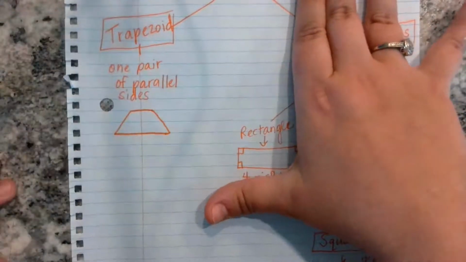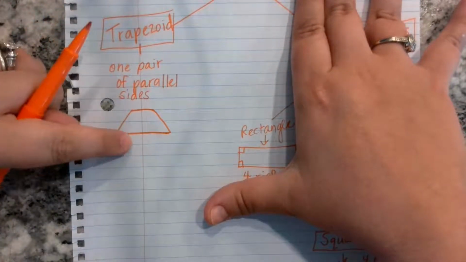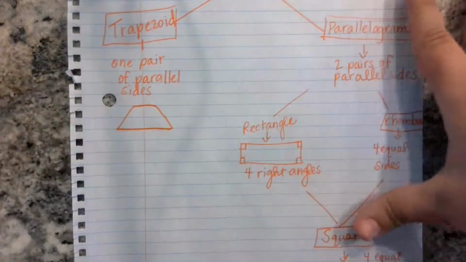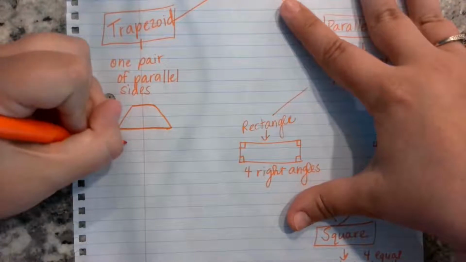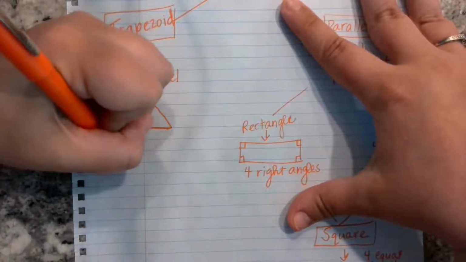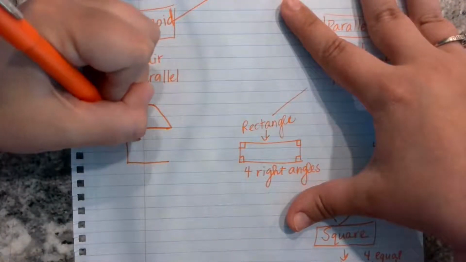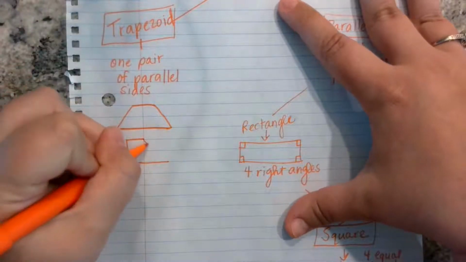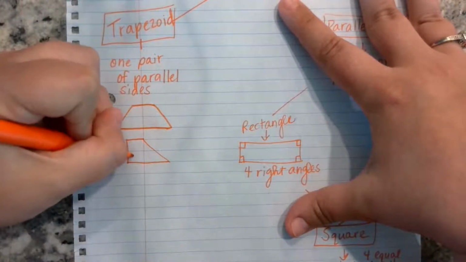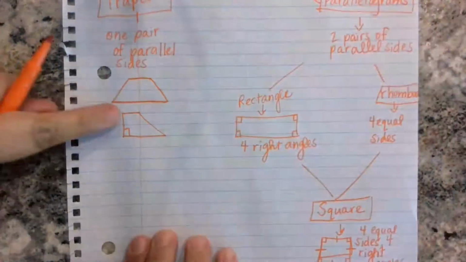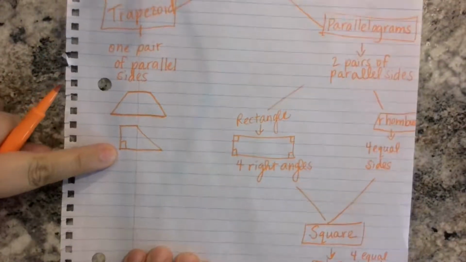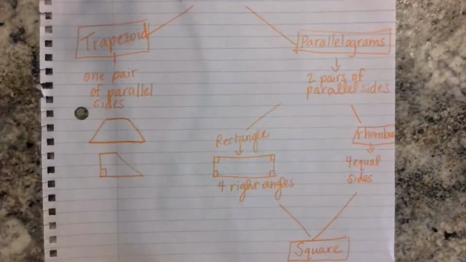So that would be an example of a trapezoid because this side's parallel to this side. And then another trapezoid that you probably are used to seeing is one that has a right angle. And it would look like this. So this side is parallel to this side. Okay? So a trapezoid has one pair of parallel sides.